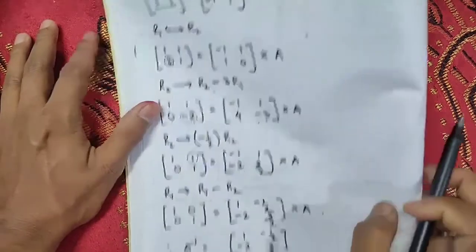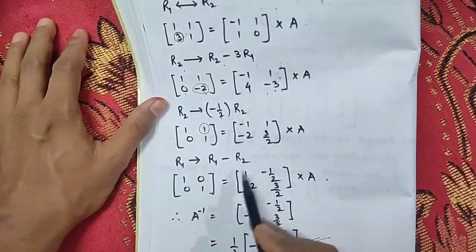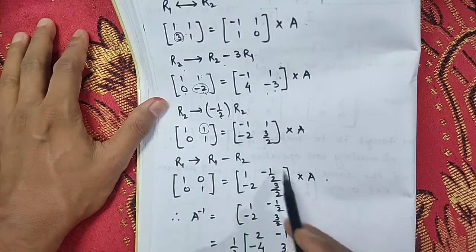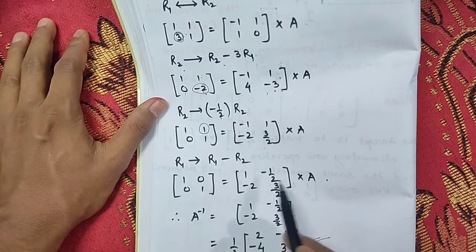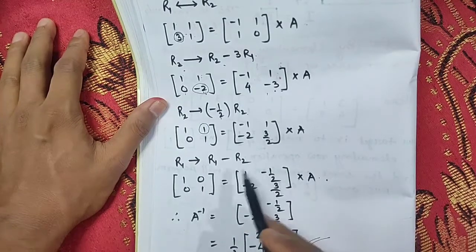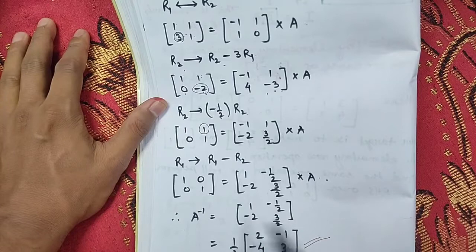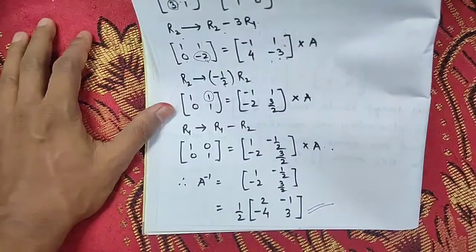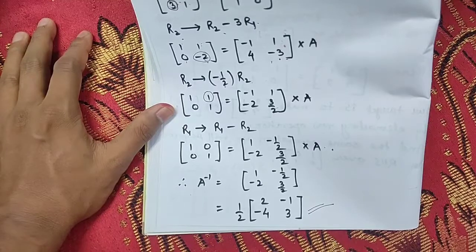So identity matrix is coming, and by same elementary row operation you are getting this. So I is equals to B into A is coming. So this is the value of A inverse. Like this, by applying elementary row operation, you have to find A inverse.